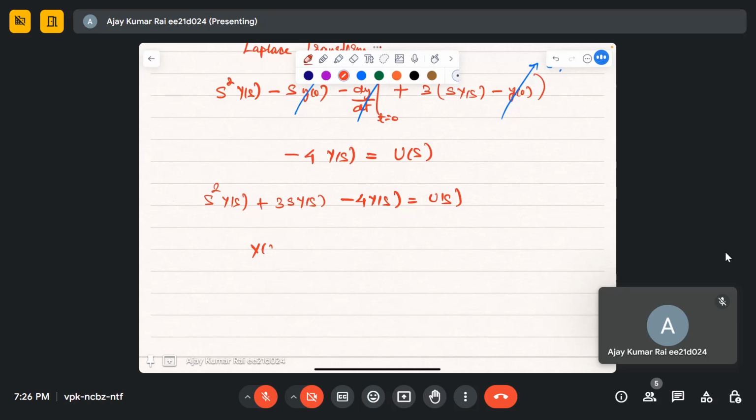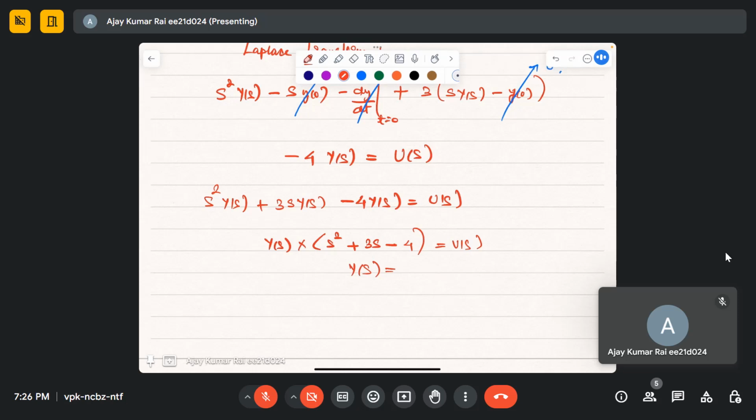Let's take Y(s) common, so this is s square plus 3s minus 4 times Y(s) equal to U(s). If you take Y(s) by U(s), you'll get what we call the transfer function, which is 1 by s square plus 3s minus 4.